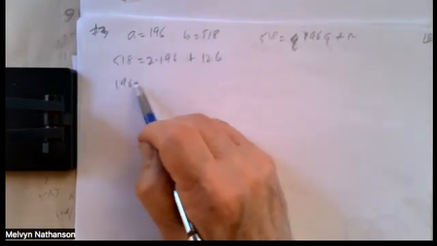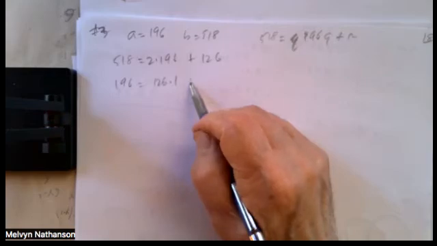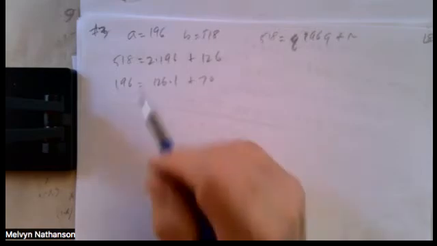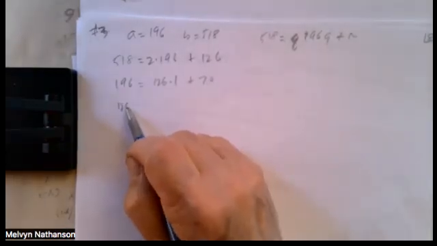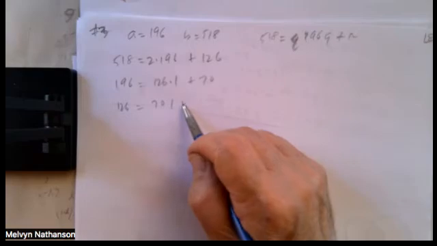And then I take 196 and I divide it by 126. That goes one time and leaves a remainder of 70. And I take 126, I divide it by 70, and that goes in one time and leaves a remainder of 56.